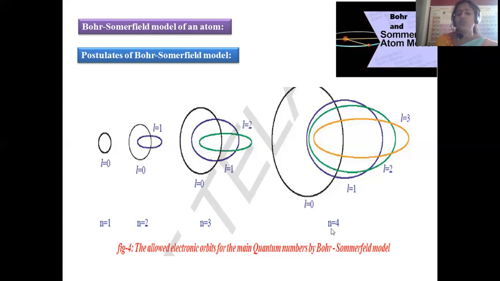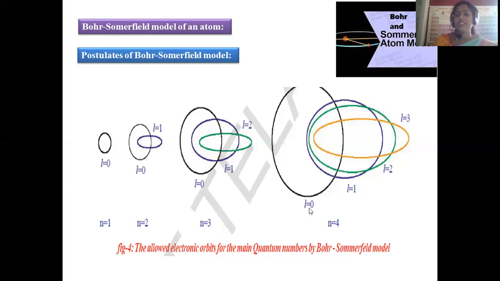When you move on to n is equal to 4, the next principal quantum number, it includes the s orbital, p orbital, d orbital, and even the f orbital: 4s, 4p, 4d, and 4f are present.